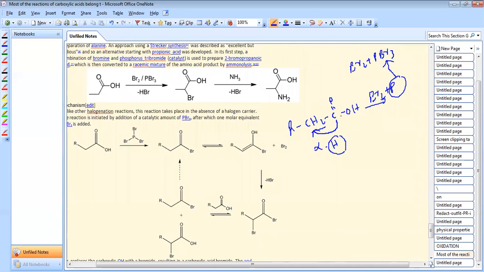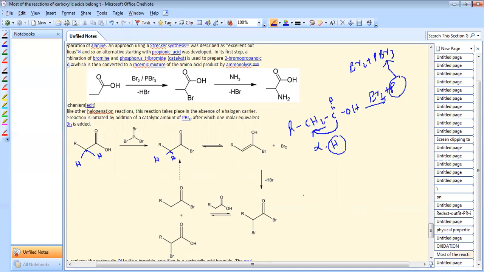So here, look at the mechanism. How many alpha hydrogens do we have here? Two alpha hydrogens on the alpha carbon. So the first step is what?